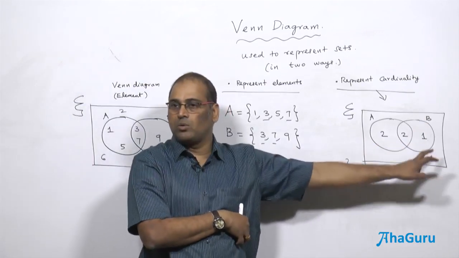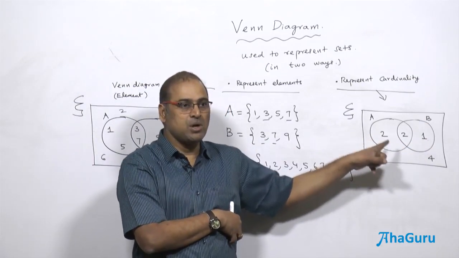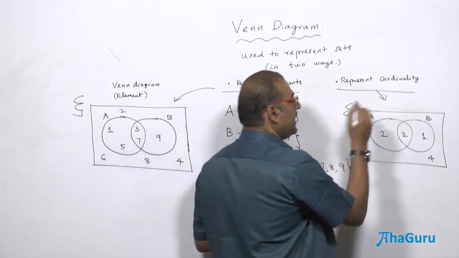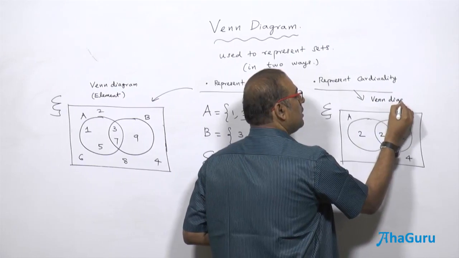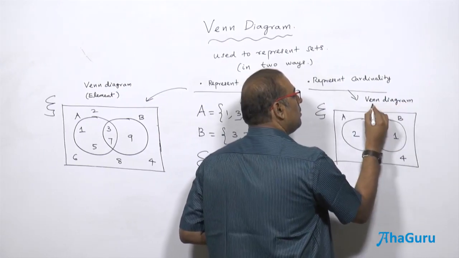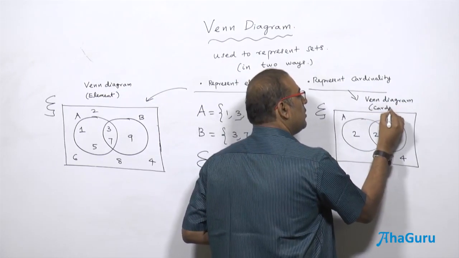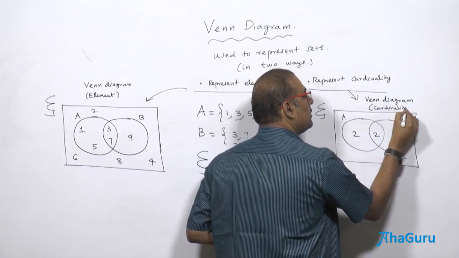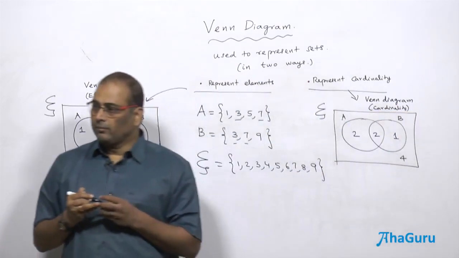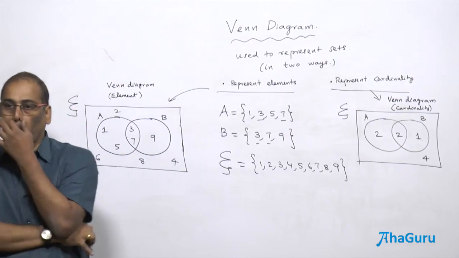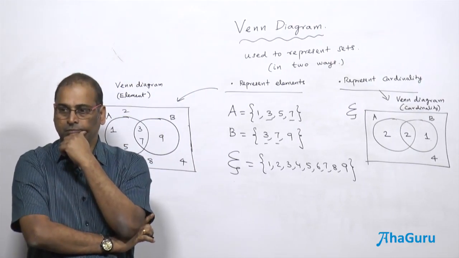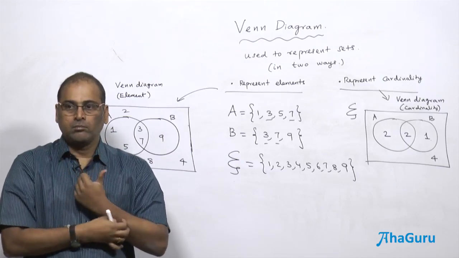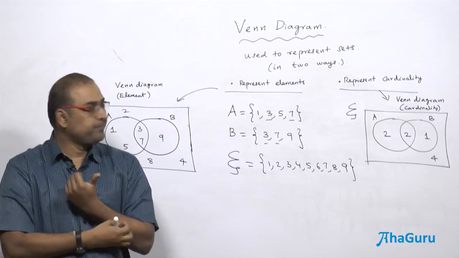The elements of B are 2 and 1. Because this Venn diagram is not an element Venn diagram. This Venn diagram is a cardinality Venn diagram. Are you able to understand?